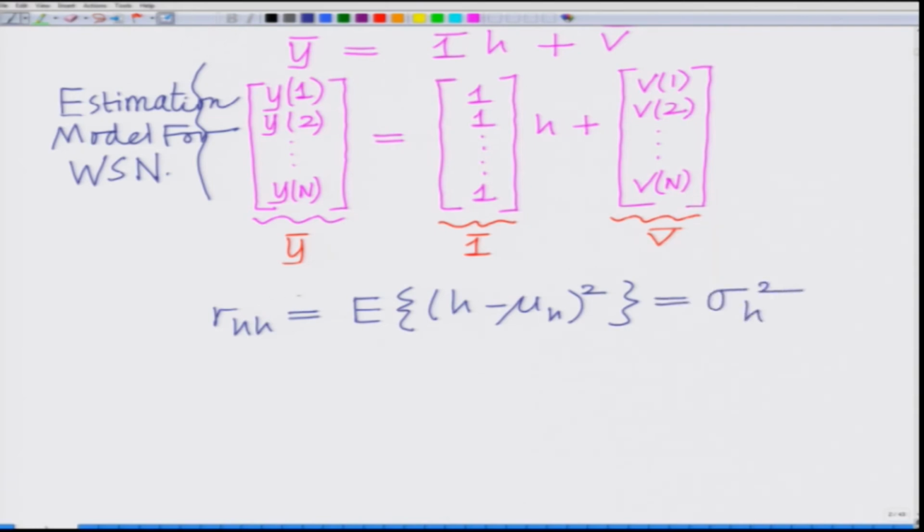And more importantly, you remember we assumed h to be Gaussian with mean mu h and variance sigma h square. So, what is this?